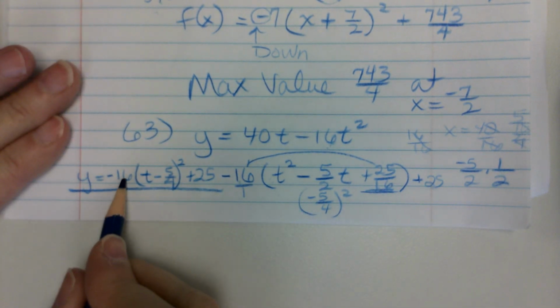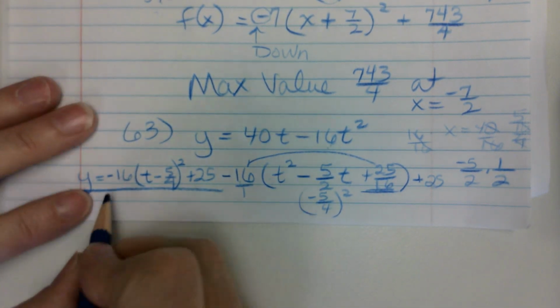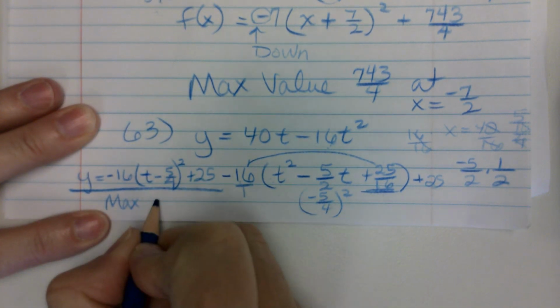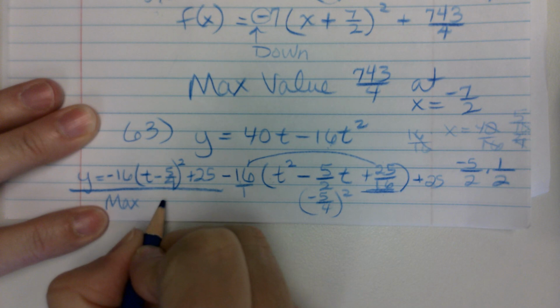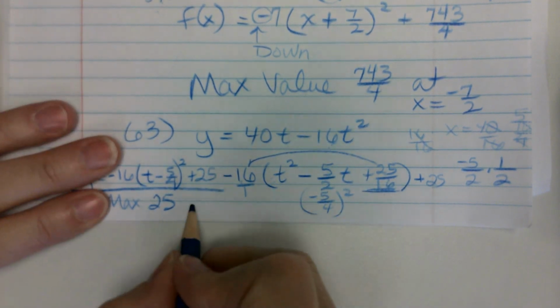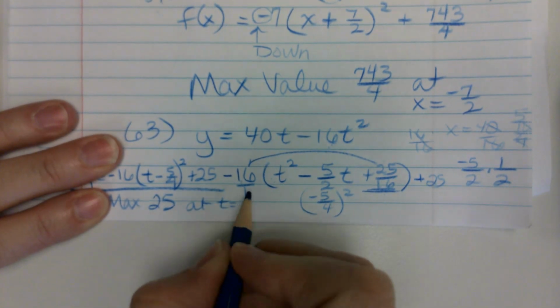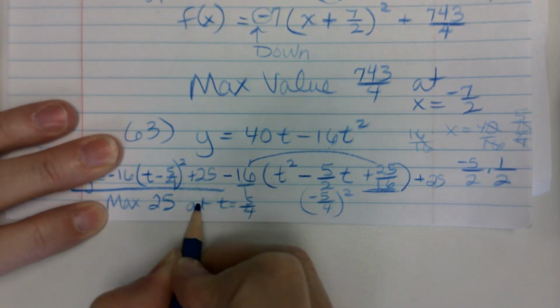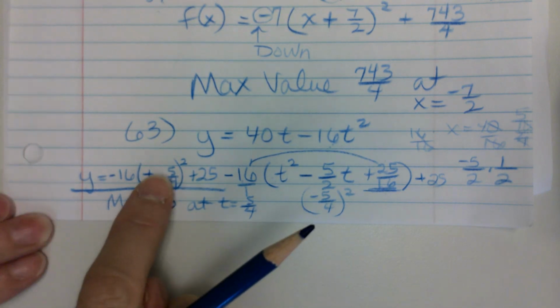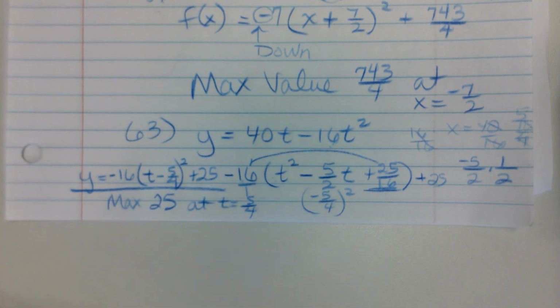It is a parabola opening down. We have a maximum height of 25, and it occurs at t equals positive 5/4. Because remember, it's the opposite within the parentheses.